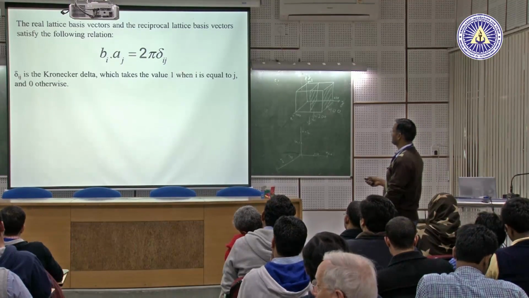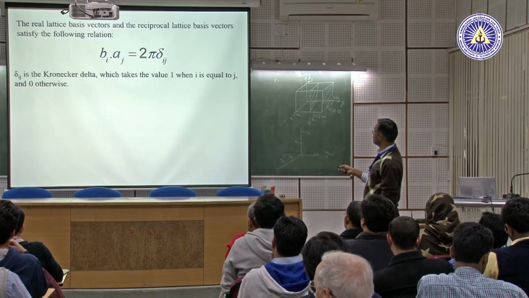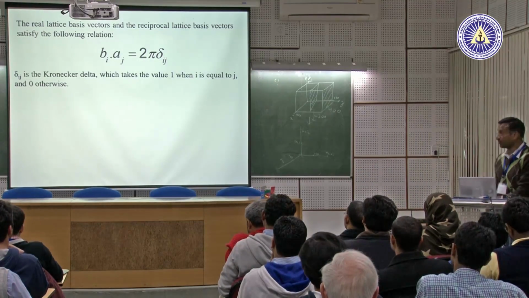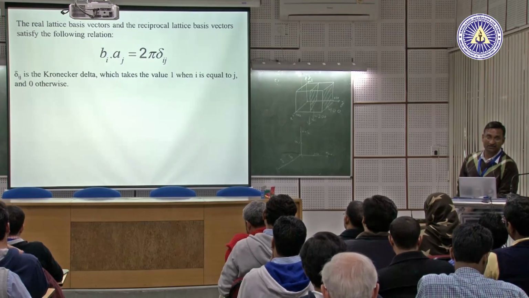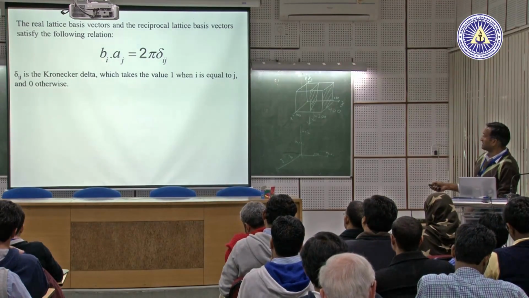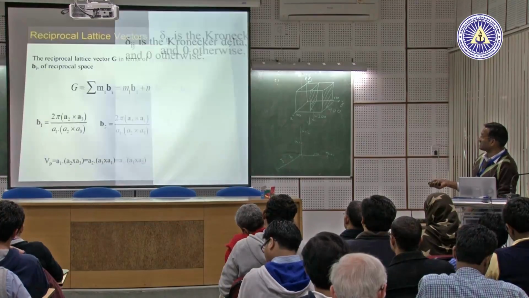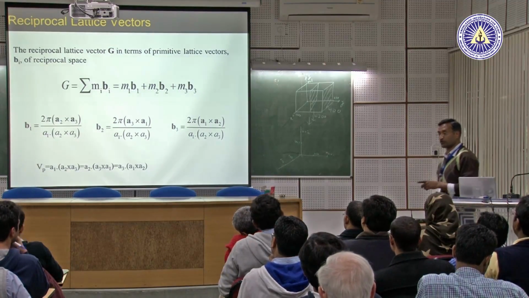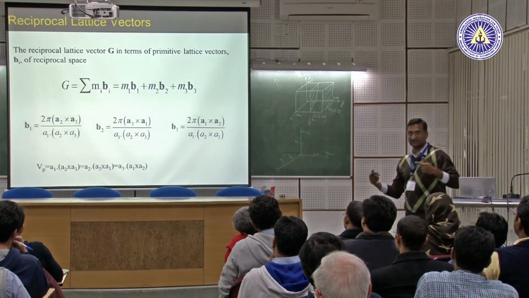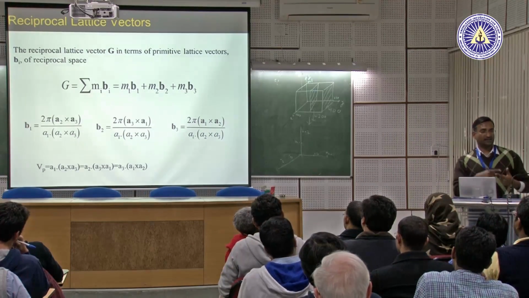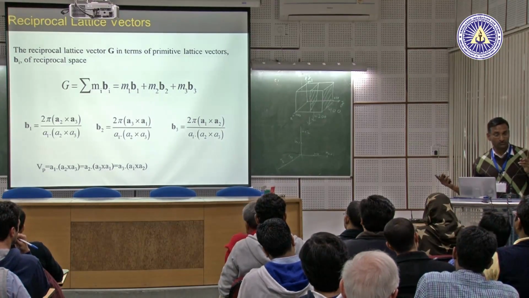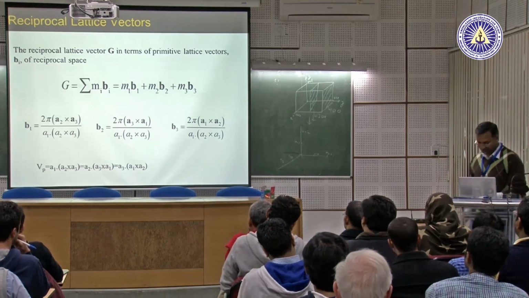So the value becomes 1 when i is equal to j, and the value is equal to 0 when they are not equal to each other. This is in consonance with the expressions that you have written here, that b1 is the cross product of a2 and a3. As a result, a1 dot b1 is nonzero, but a1 dot b2 is equal to 0.